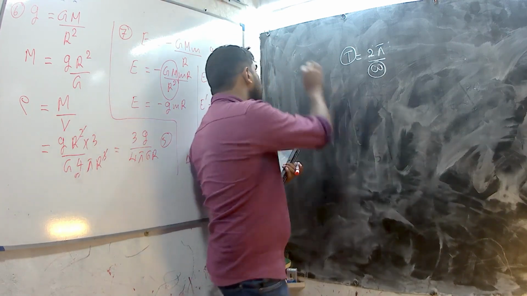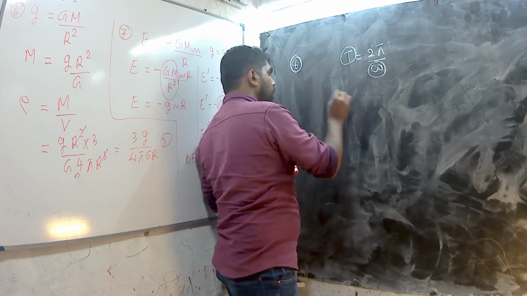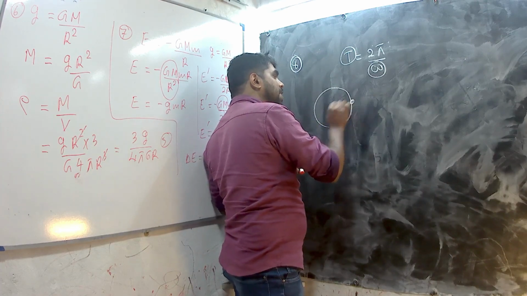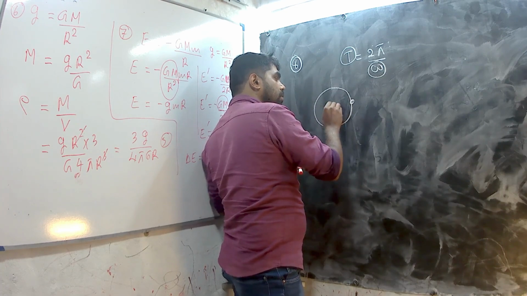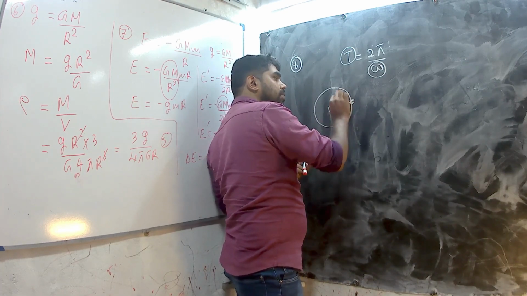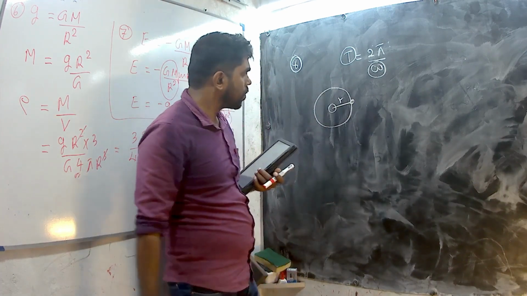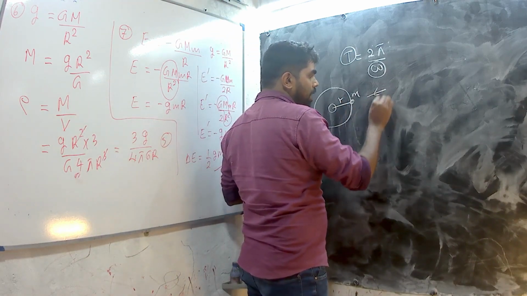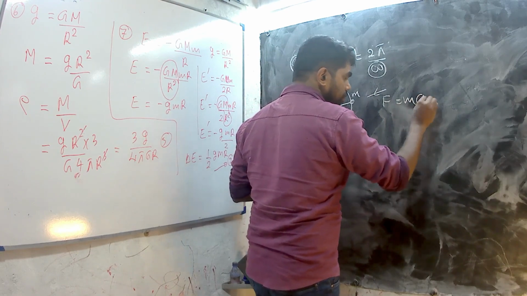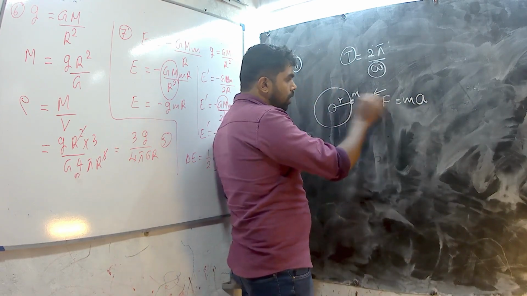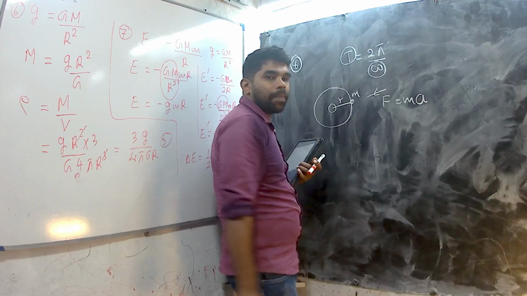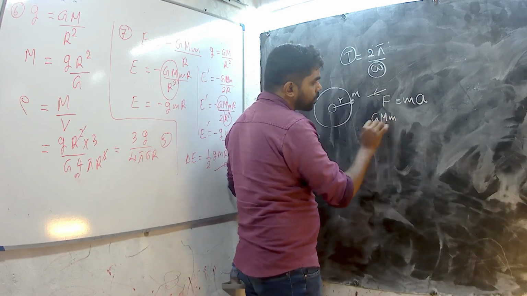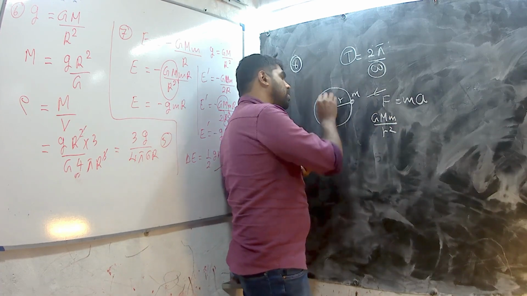We have to get the radius of orbit. If the orbit of the satellite is like this and Earth is this one, then the radius is r. We can use F equals ma towards the center. Centripetal force is given by the gravitational force GMm over r squared. Capital M is the mass of Earth.